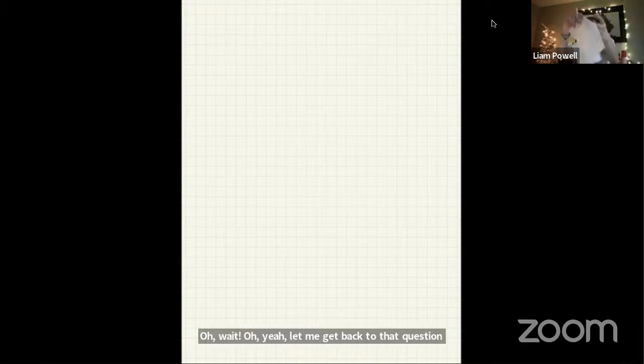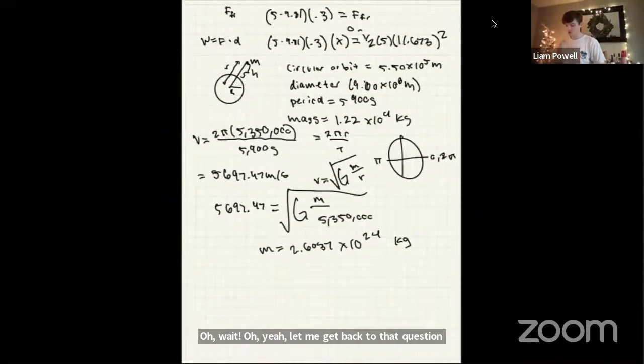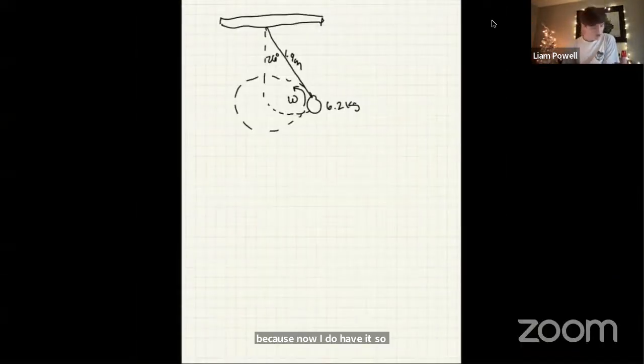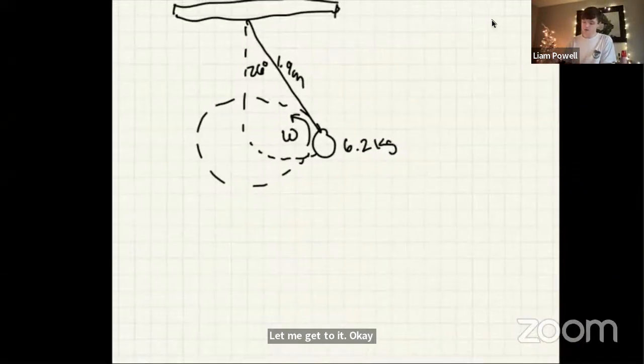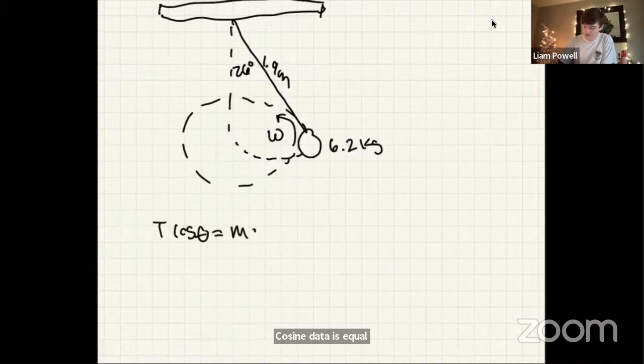Oh wait, let me get back to that question that I didn't have the answer to before, because now I do have it. Okay. So the vertical forces is T cosine theta is equal to mass times gravity.